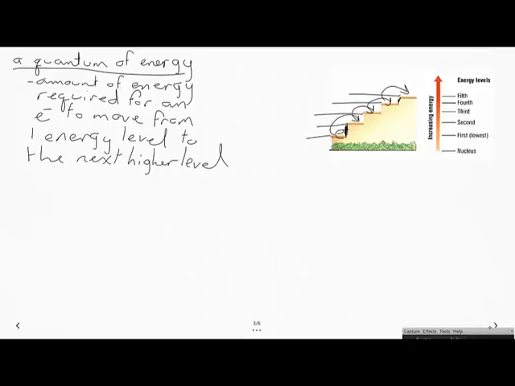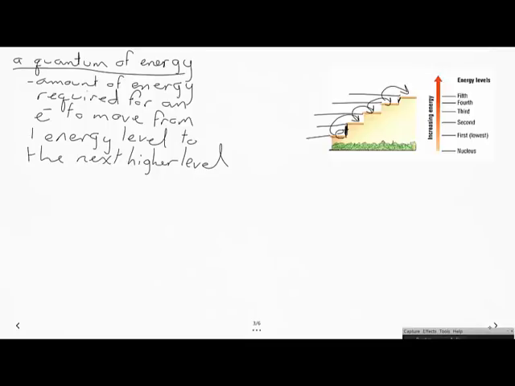Now, in 1926, Erwin Schrödinger decided that these atomic models were good, but you needed a little something else, dealing especially with this idea of quantized energy. And he came up with the quantum mechanical model, because basically what he's saying is that there is no definitive path for the electron to take around the nucleus.